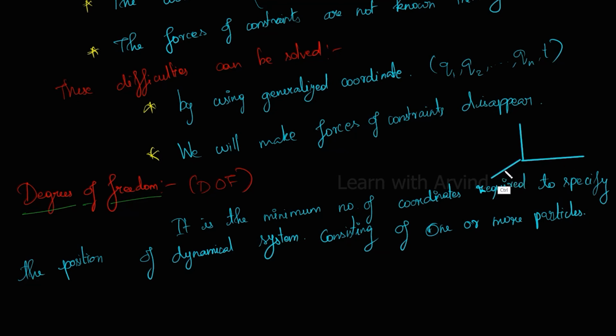For instance, take a Cartesian coordinate system which consists of two particles P and Q. P of x1, y1, z1 and another particle Q of x2, y2, z2. Now the number of coordinates in this case is 6.